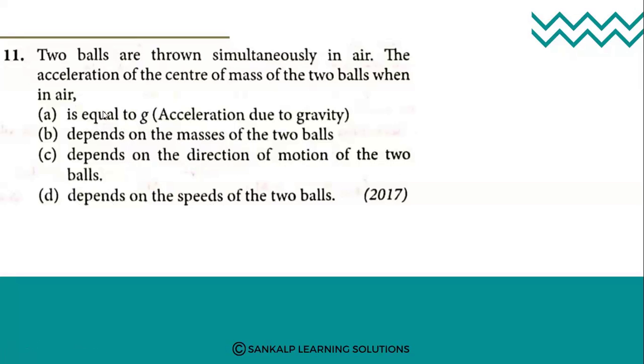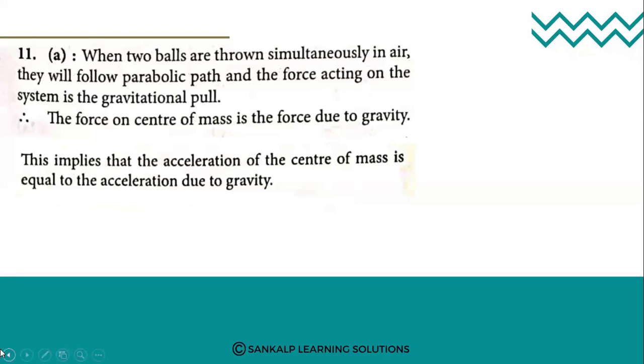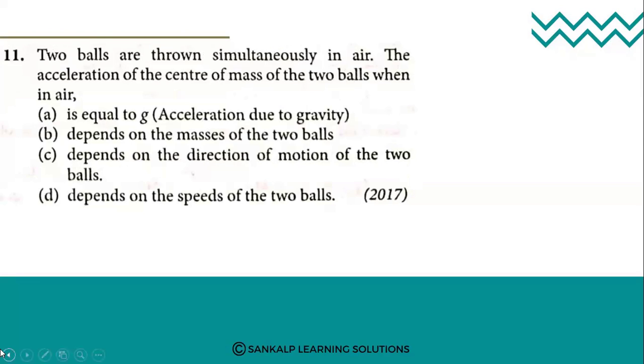When they are thrown simultaneously in the air, what is the acceleration of the center of mass of the two balls? Yes, that is option A. The acceleration of the center of mass of the two balls will be equal to the acceleration due to gravity.